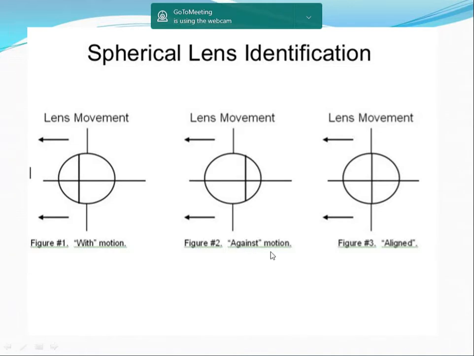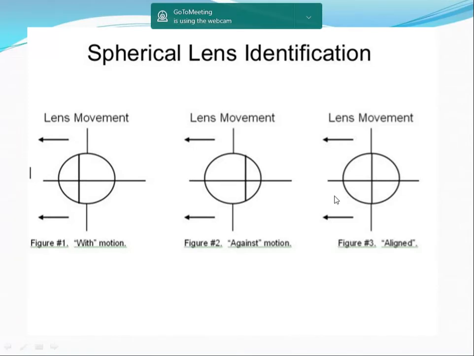Then it is called against movement. Okay, you are moving towards the left and the image is moving towards the right. That is called against movement. Suppose you are moving the lens to the left and to the right, but the image does not move anywhere. It means that it is no movement or it is aligned.